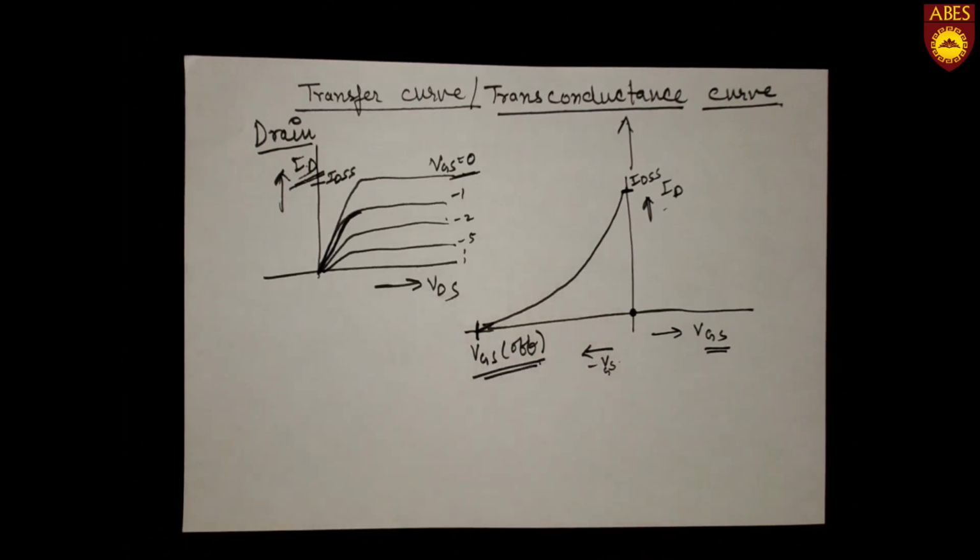This is called the transconductance curve of field effect transistors.